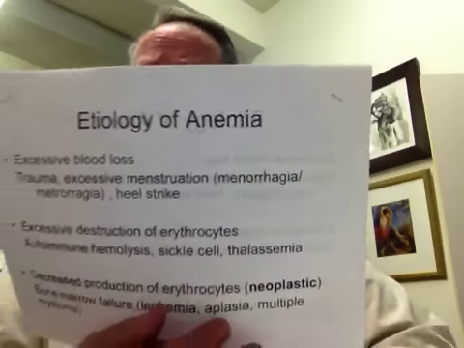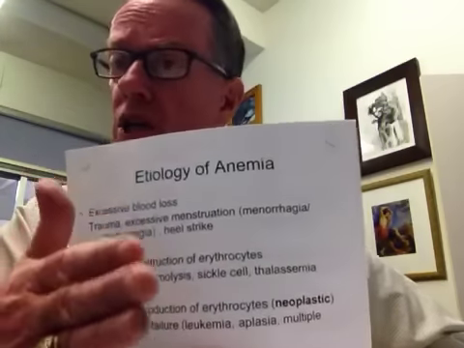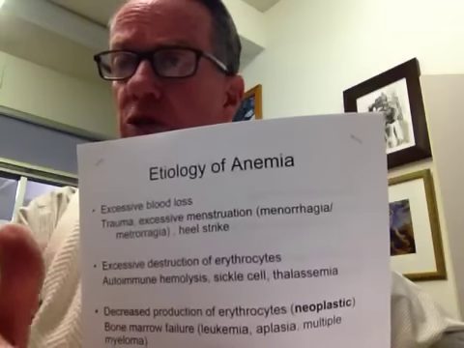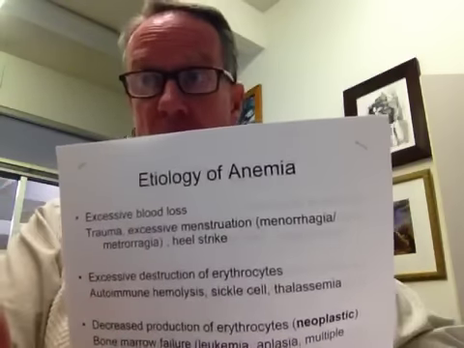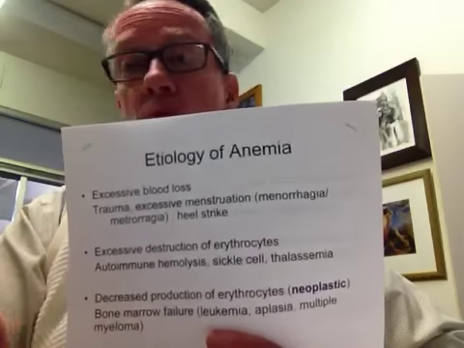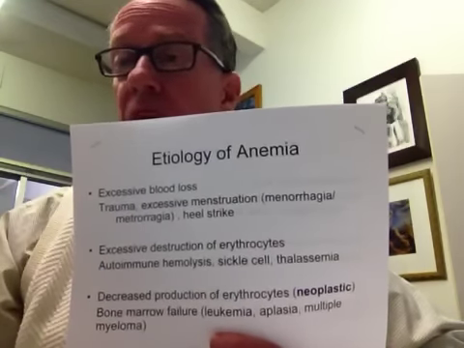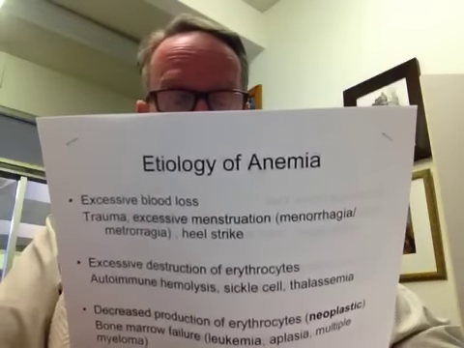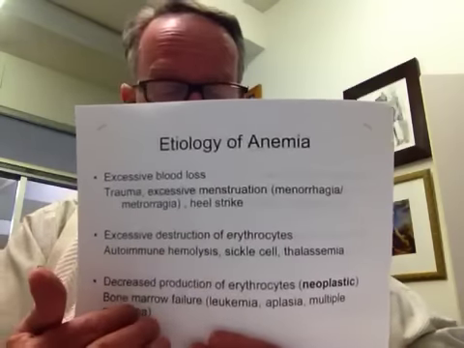And then decreased production of erythrocytes. You know that the blood constituents are formed in the marrow of the bone. If there's neoplastic disease in the marrow, we may not have enough red blood cells ever manufactured. And we'll follow up on that. Bone marrow failure is part of that.